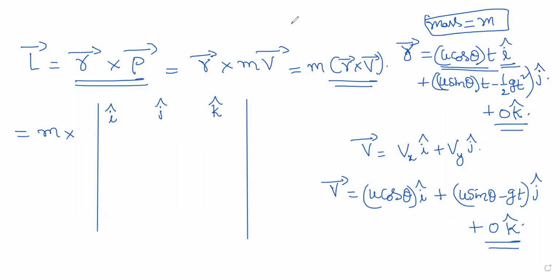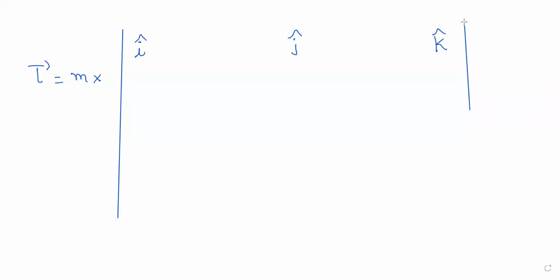Maybe this is not sufficient, so I'll clear this and write L bar is equal to m multiplied by, m being a scalar, this v vector we are going to solve. In one step only it will be over. So it is i cap, j cap, and k cap like this. You have to write like this first. This is how you solve the cross product. I'm comfortable with this, so I'm solving this. So the coefficient of i cap for R cross P.